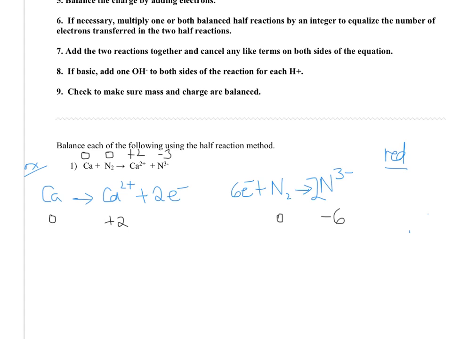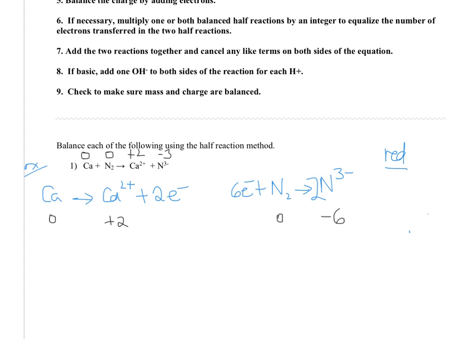Now, if you do this correctly, you should always add the electrons to different sides of the two equations. What that means is for one of them, the electrons will be on the products. For the other one, it will be the reactants. If you figured out which one's oxidation and which one's reduction, oxidation means loss of electrons, so for oxidation, it's always going to be on the product side.